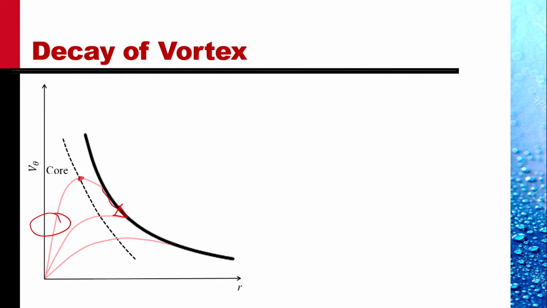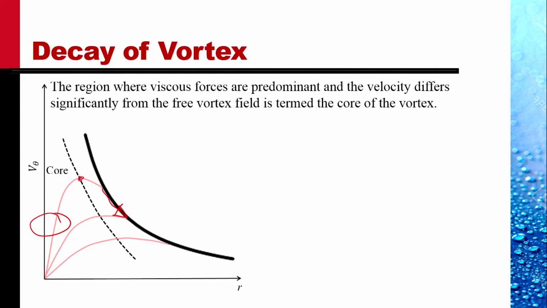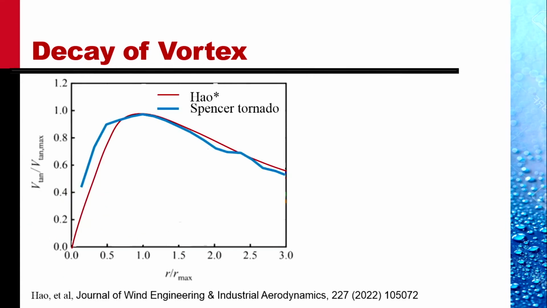So as time increases, the radius of the core increases. The region where viscous forces are predominant and the velocity differs significantly from the free vortex field is termed as the core of the vortex.